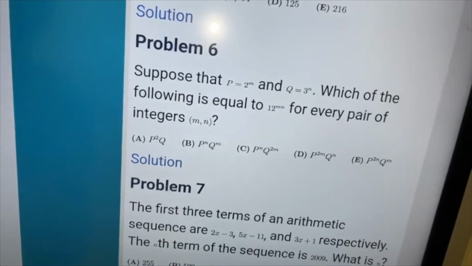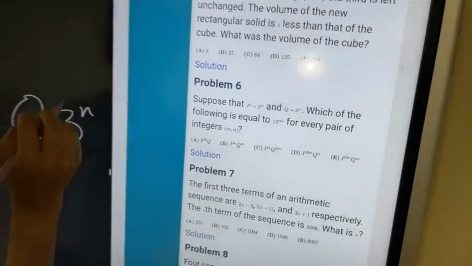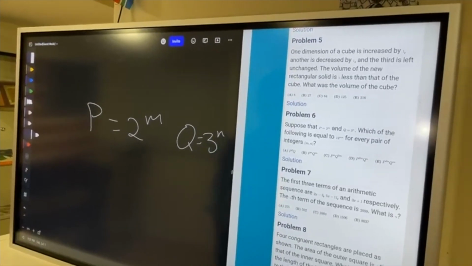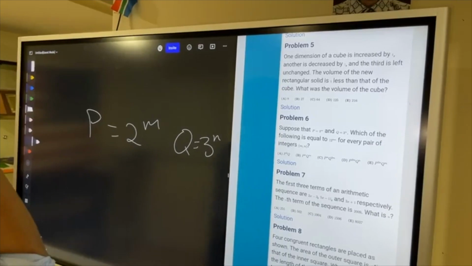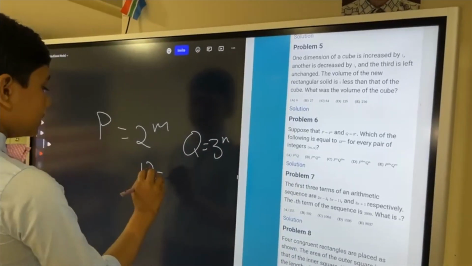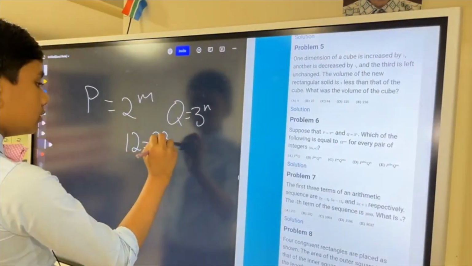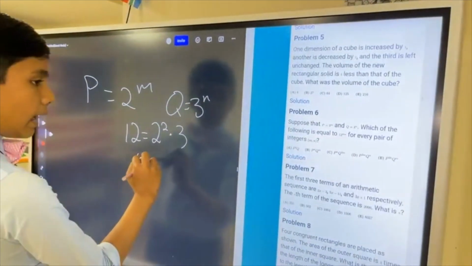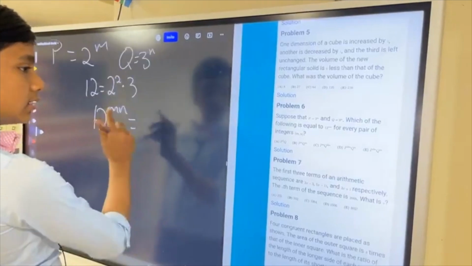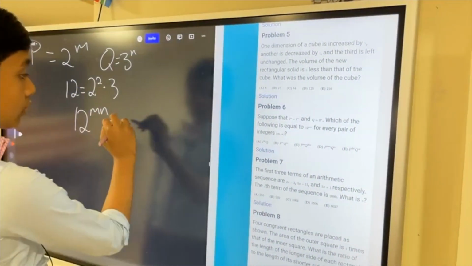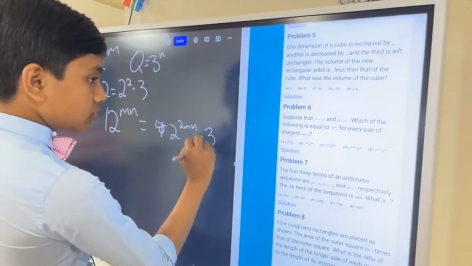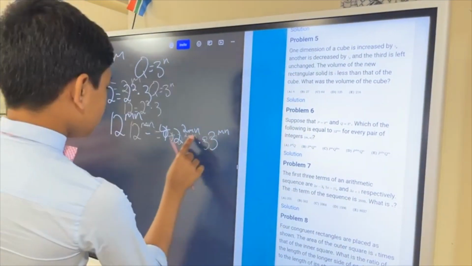6. So P is 2 to the m and Q is 3 to the n. Which of the following is equal to 12 to the mn for any pair of integers? Well, 12 is equal to 2 squared times 3, right? So 12 to the mn is equal to 2 to the 2mn times 3 to the mn.